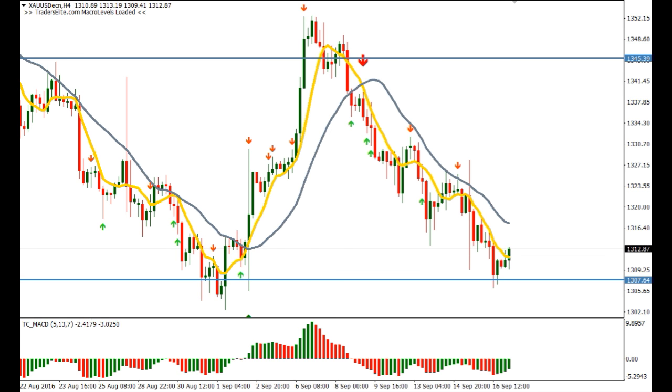And if you have been using them, I'm sure you would have seen time and time again that price does react to these significant levels, and they're great to be used in conjunction with any strategy that you use. But with the indicators that we use, it gives us a really good balance of trends, reversals, and support and resistance.